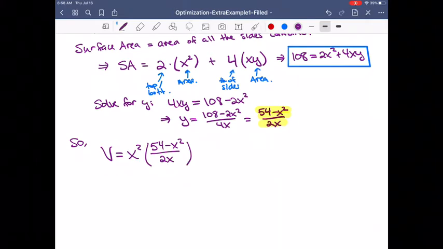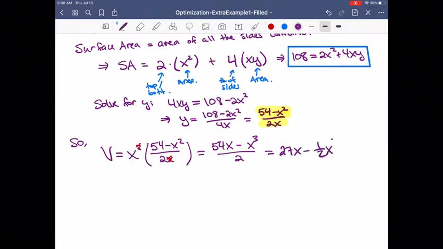Now there's an x on the bottom and two x's on the top, so one of them cancels. And then we can bring the x through, so this is going to be 54x minus x cubed all over 2, which we might want to reduce to 27x minus 1/2 x cubed, because that's going to be easier to take the derivative of. It doesn't look like we need the quotient rule anymore. So now I have the volume in terms of only x.